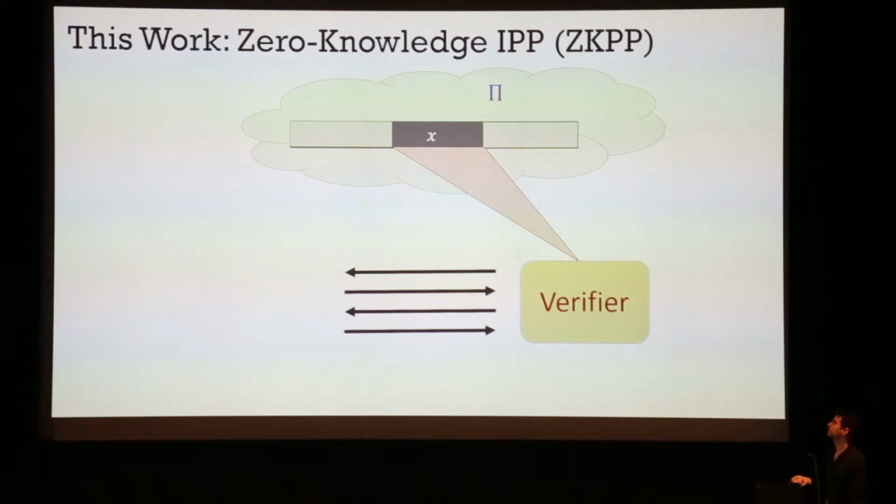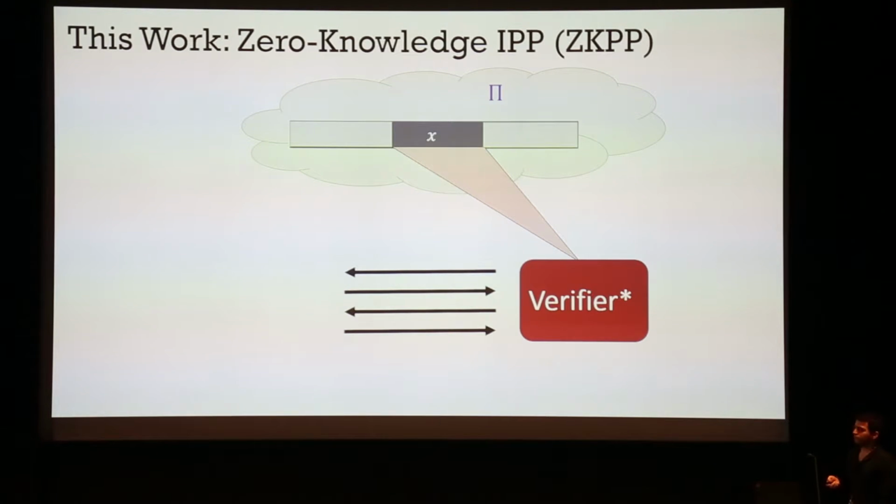We want the verifier to be able to convince himself. So actually, these parts do not exist for the verifier. So we also sometimes want to consider zero knowledge for malicious verifiers, namely verifiers that try to exploit the prover and make him reveal more information than what he actually wants to.